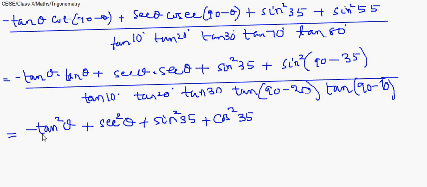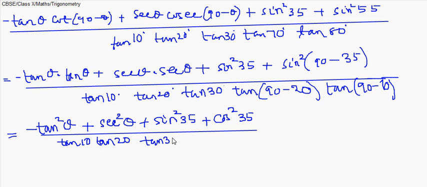And here in the denominator I'll get a tan 10, I get a tan 20, I get a tan 30, and this tan(90 - 20) becomes cot 20, and tan(90 - 10) also becomes a cot 10, right?